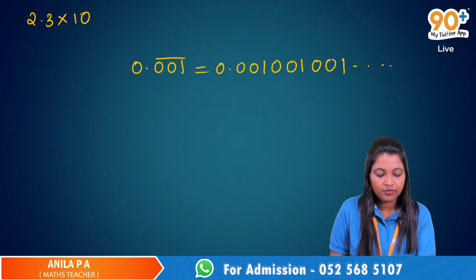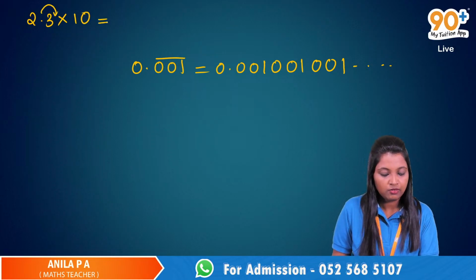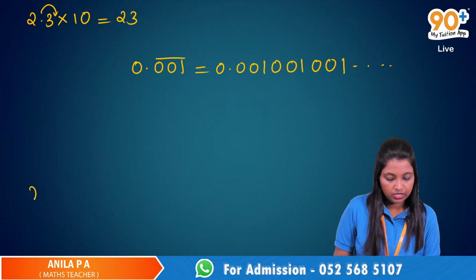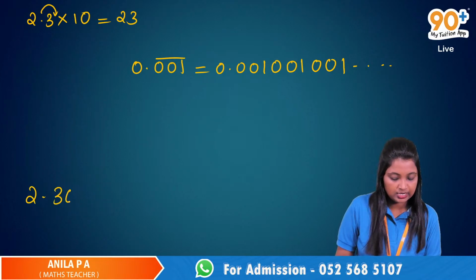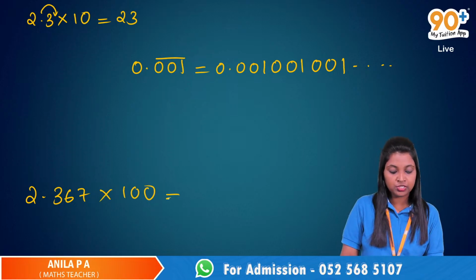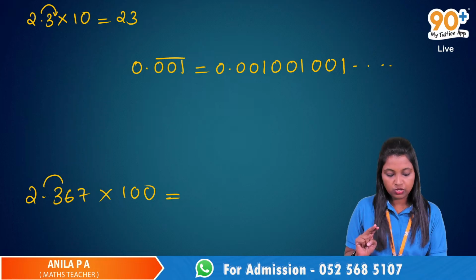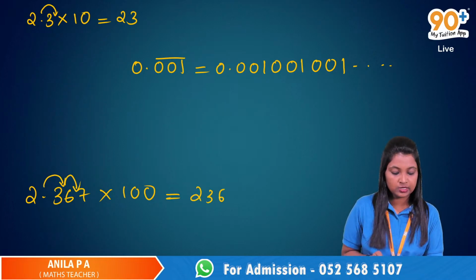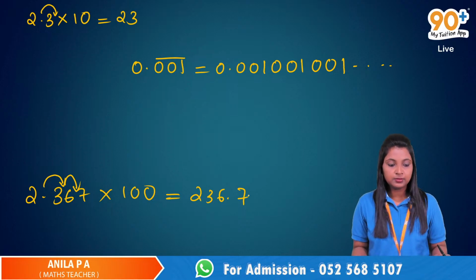Suppose we have 2.3 into 10. What we do is we just shift this decimal. It will be 23. Then 2.367 into 100, we have to shift 2 decimal places, so it will be 1, 2. So it will be 236.7. Same here.